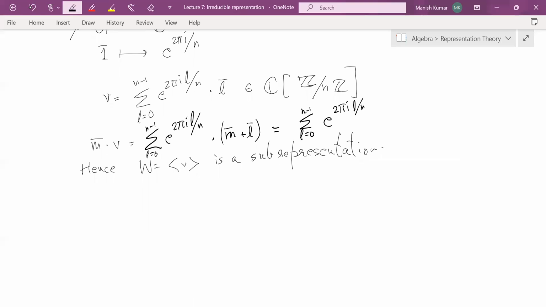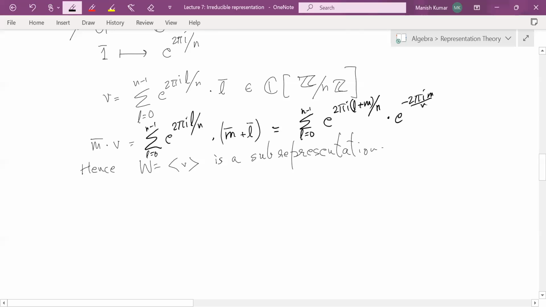So l plus m over n. But what I've done is multiply by e to the power 2 pi i m over n, so I should divide by that: e to the power minus 2 pi i m over n, times m bar plus l bar. I had something wrong in here, so it's good that I erased it.